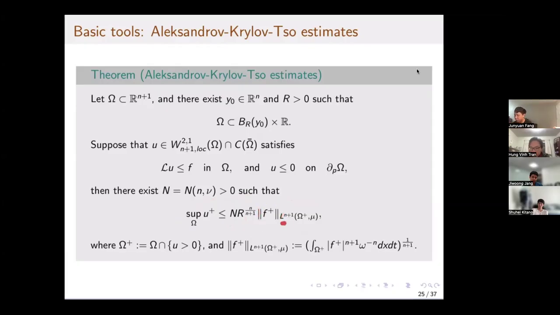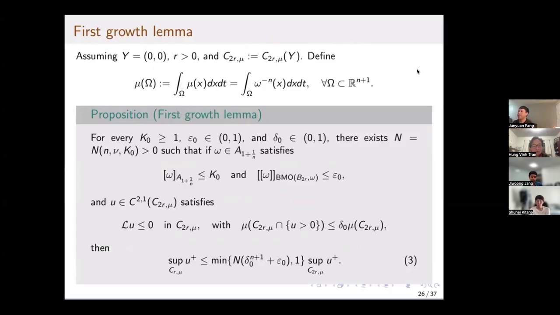Here omega plus is some positive region. This estimate is very important in our proof, and it is very well known. This is the parabolic version of the ABP estimate. Our first Galois lemma is over here.